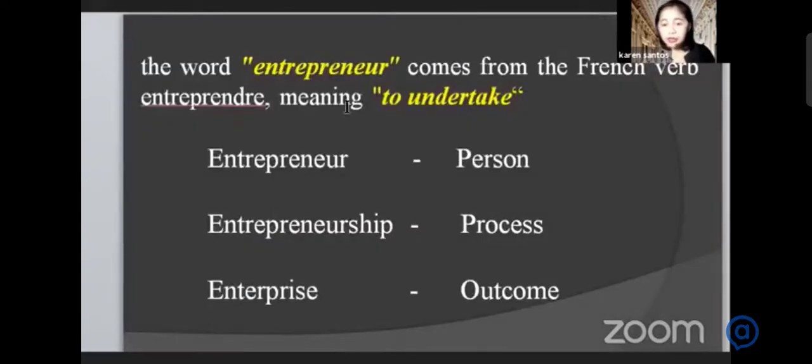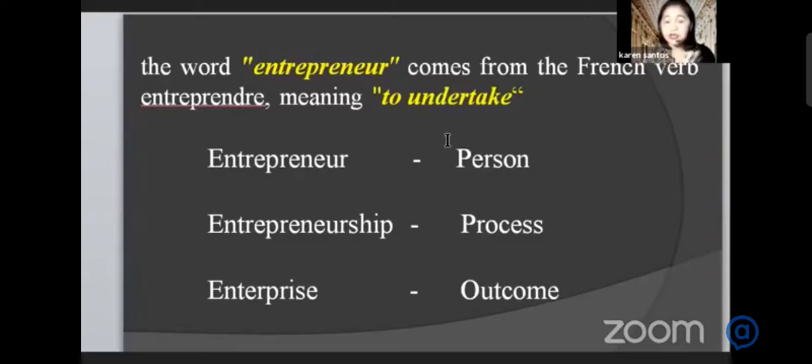Entrepreneurship comes from the French verb meaning to undertake. Here, many people interpret these terms interchangeably and miss the correct meaning of entrepreneurship. When we say entrepreneur, it pertains to the person.